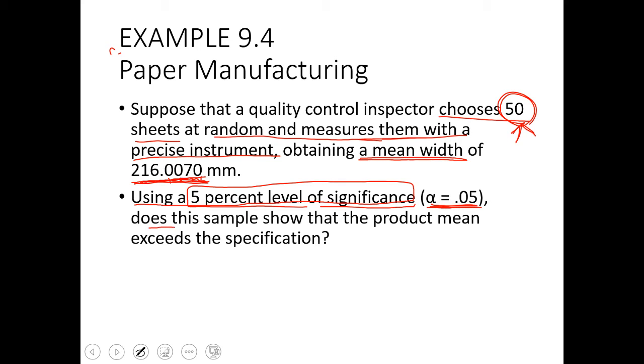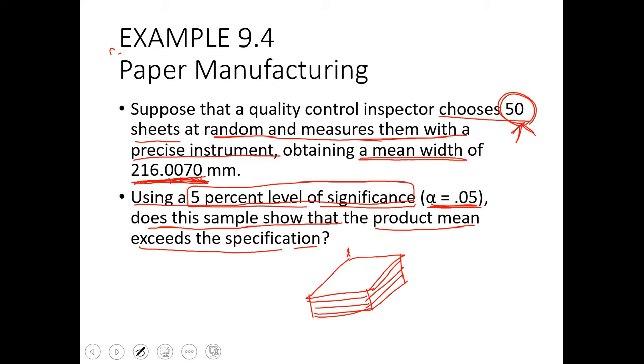The problem is, does this sample show that the product mean exceeds the specification? So our paper producing system works well. We produce the laser printer papers, and this width should be 216, but for the randomly selected 50 papers, the widths are not exactly the same as 216, but have an error.